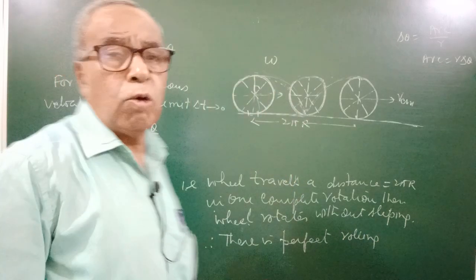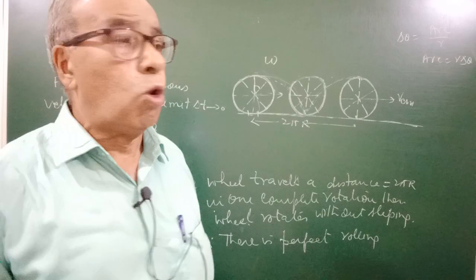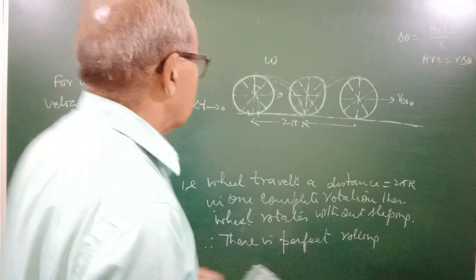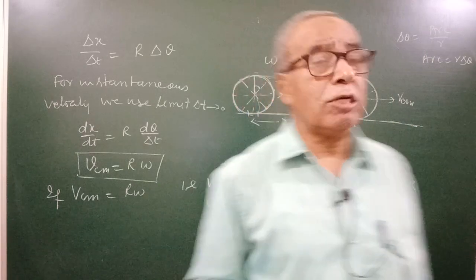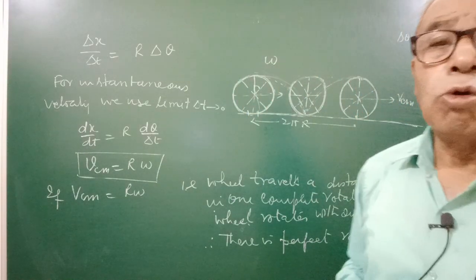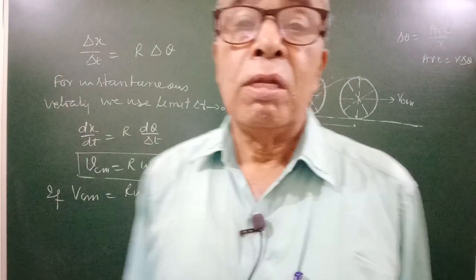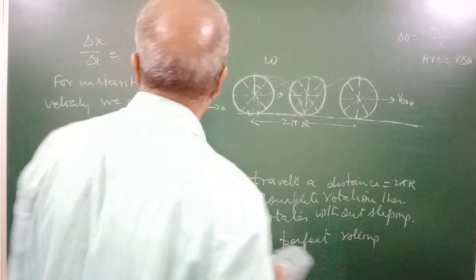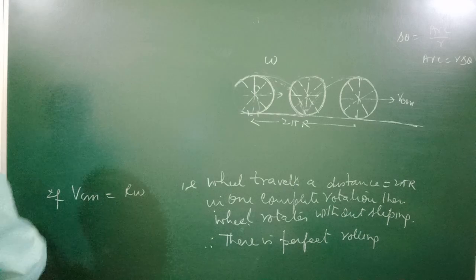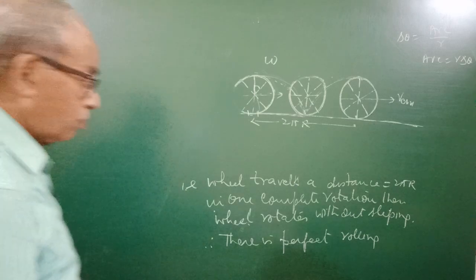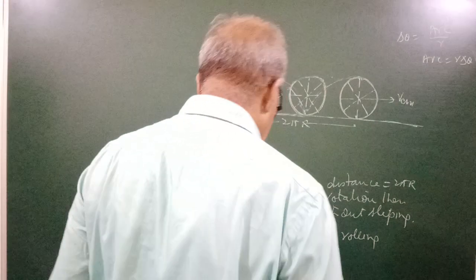When there is perfect rolling, no slipping means no force of friction. Because I define force of friction when a body tries to move over the surface of other, then there acts force of friction. Body is not trying to slip over the surface, so it will move without friction.